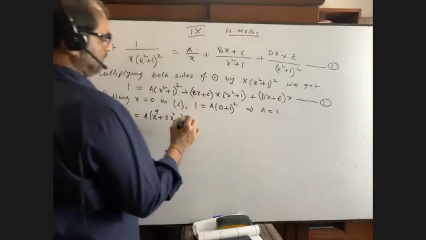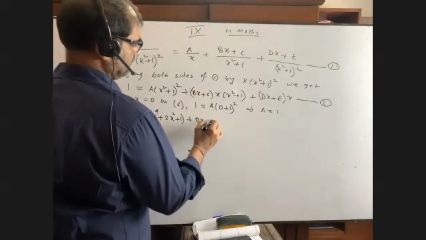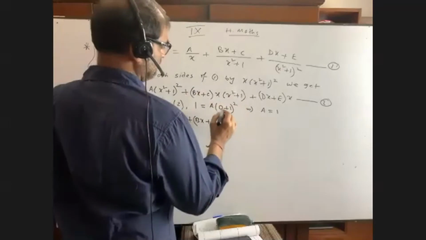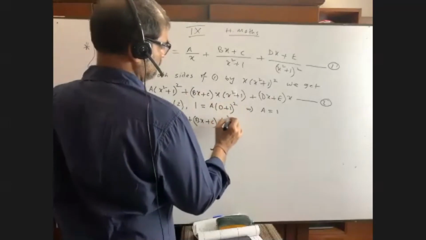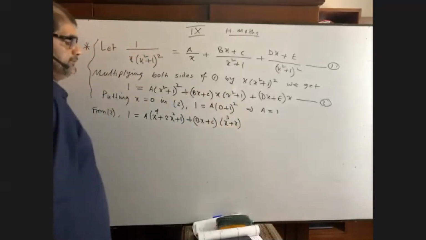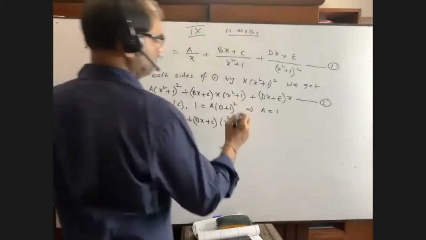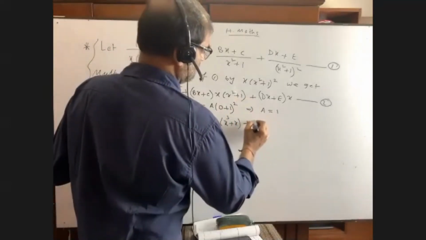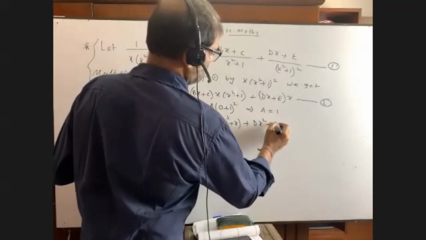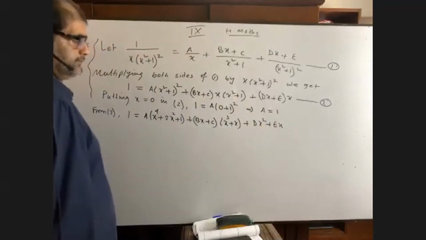Here bx plus c. Now you multiply x cube plus x. You again multiply d x square plus ex. Right?